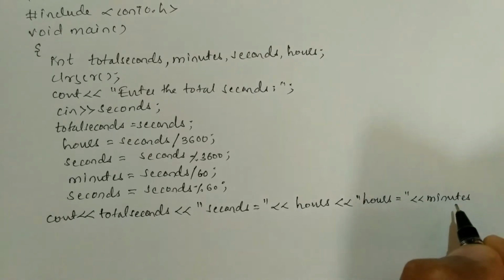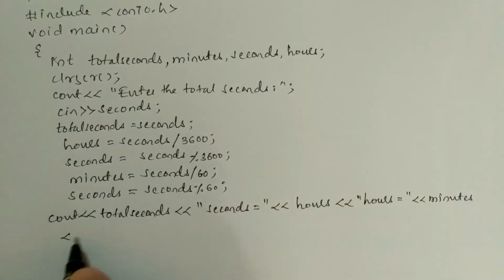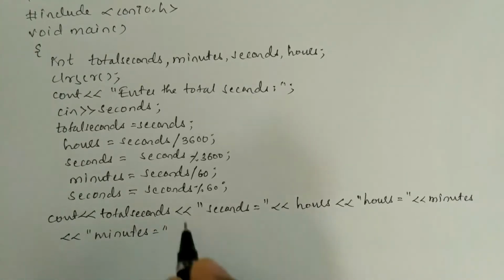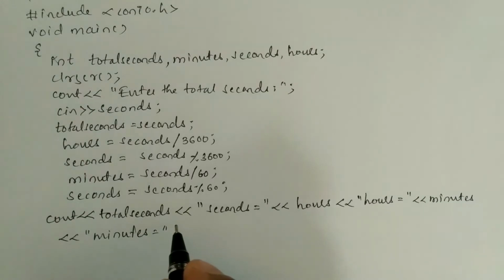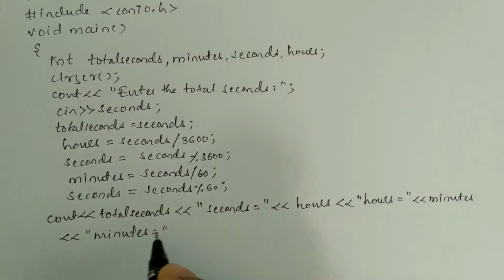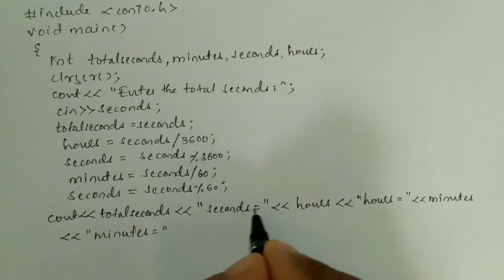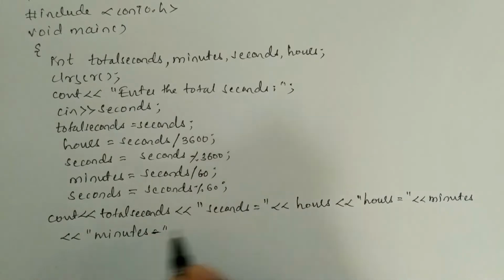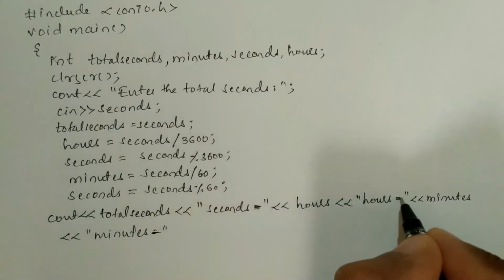Next I'll write minutes, again I'm going to use stream insertion operator, in a double quotation mark I'm going to write minutes is equal to, end the double quotation mark. So you can write equal to, or you can simply put dash over here. Okay, so I'm going to put dash instead of equal to, let me write dash.